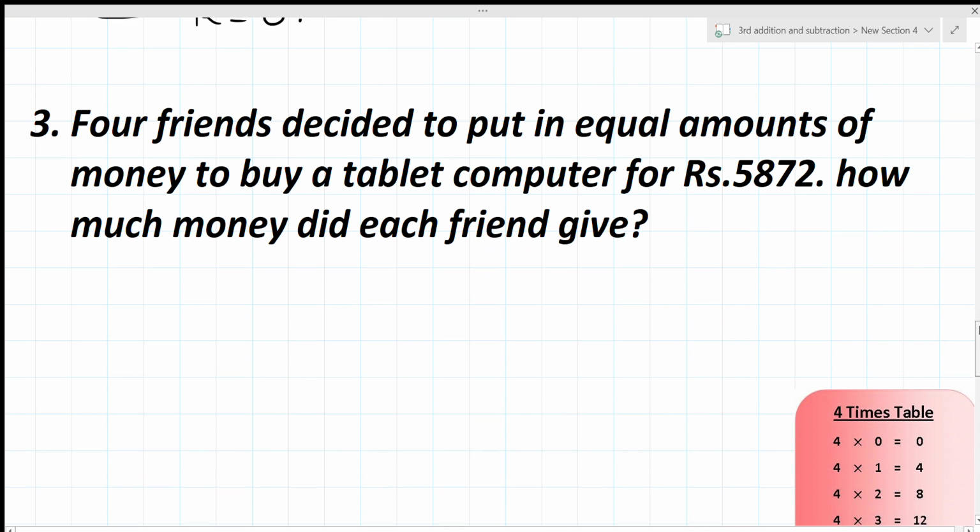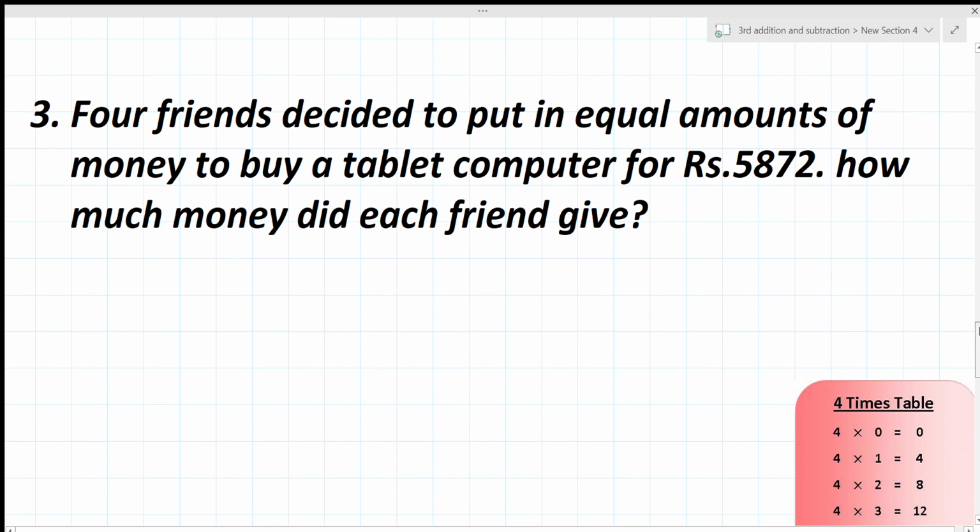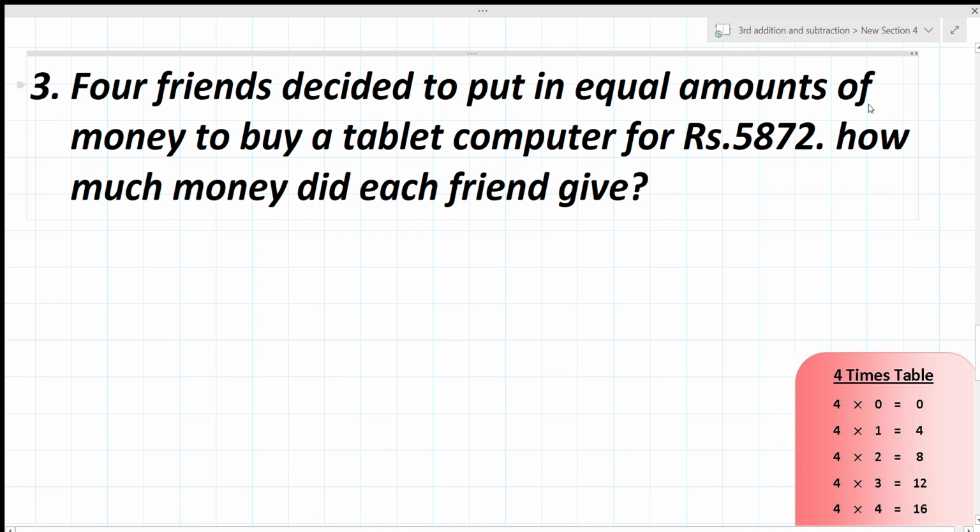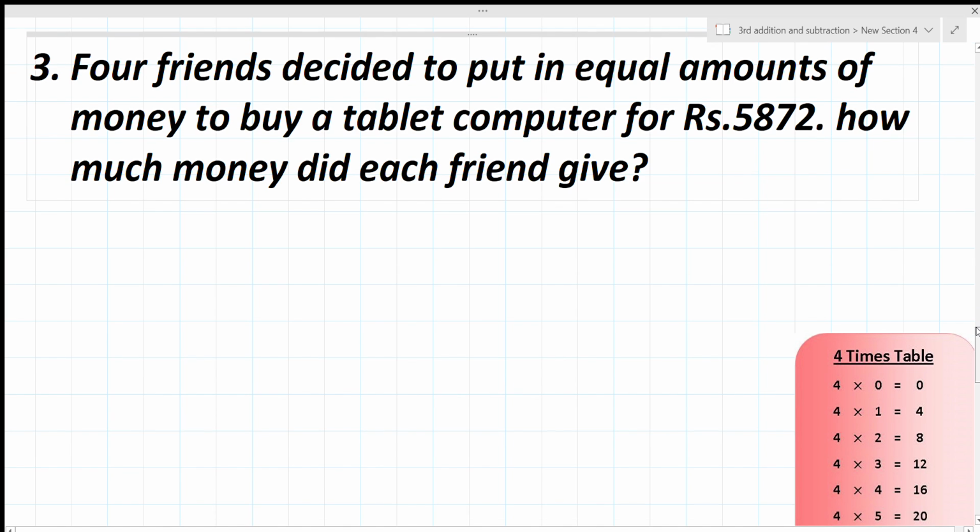Yes, next one is a word problem. Let us read out the question, then we'll do the sum. 4 friends decided to put in equal amounts of money to buy a tablet computer for rupees 5,872.